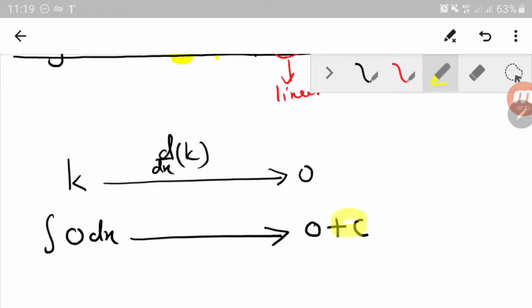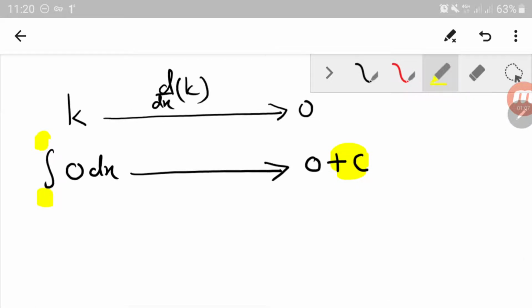Why c? Because we are doing indefinite integral. There's no upper and lower limit on top and beneath the integral sign. That's why we have to put the plus c. So that's it. Integration of 0 with respect to x is 0 plus c.